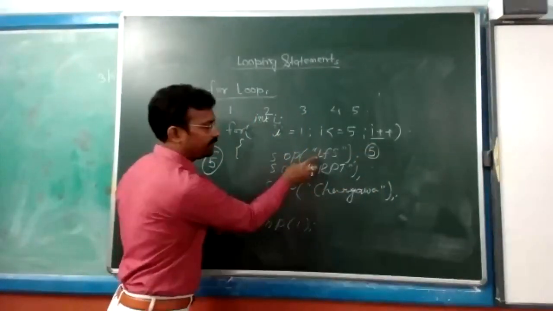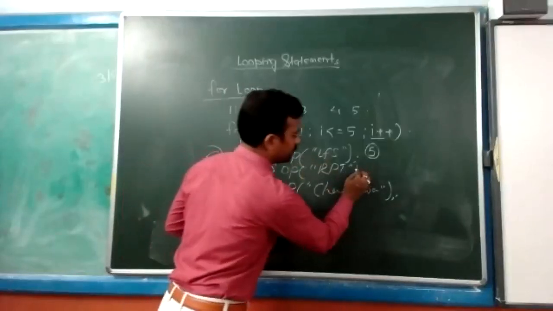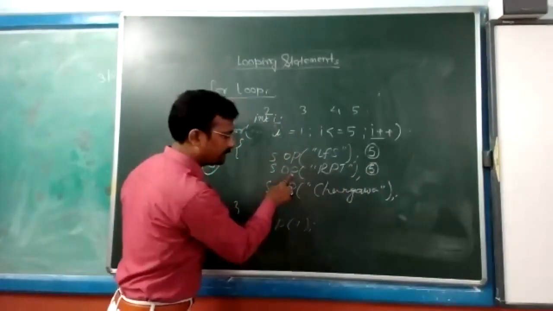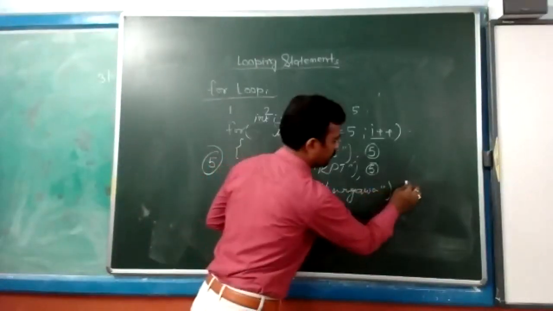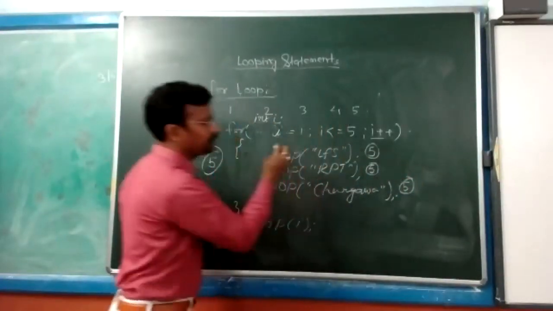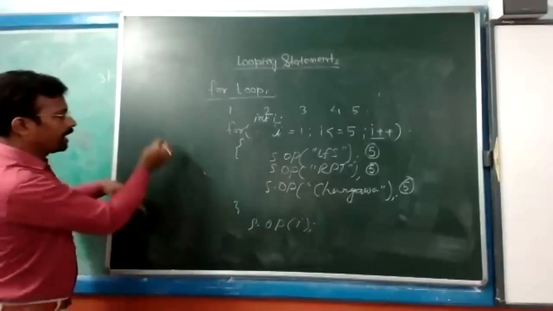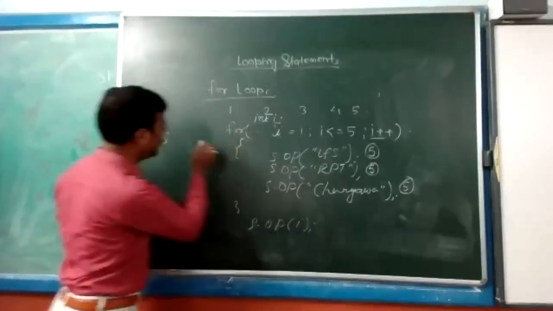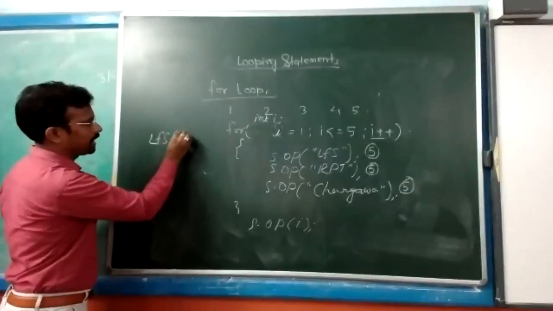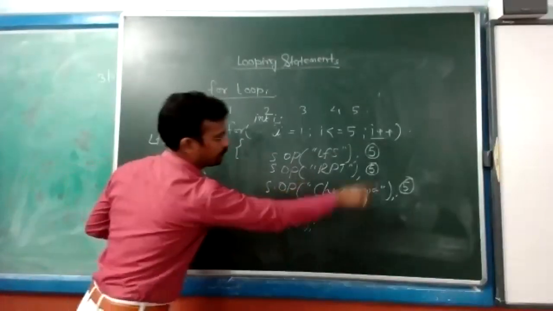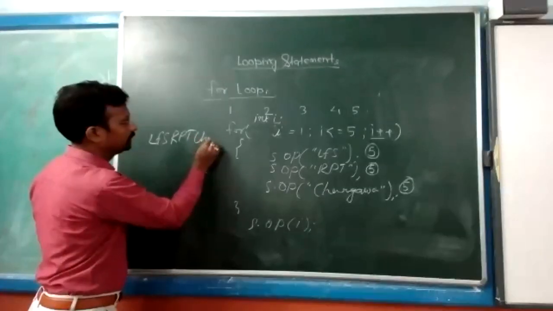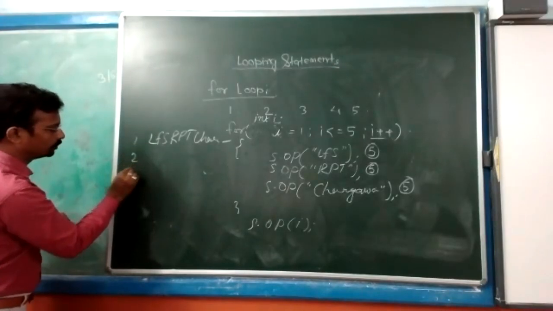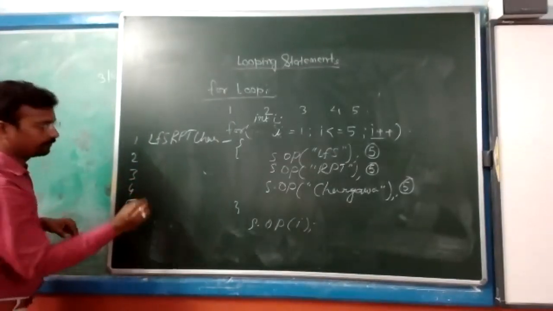Every time this executes, then this will also execute. So your result will be like that: LFS front top, I have not changed the line, just after that RPT, and just after that shutdown. And this will be printed total 1, 2, 3, 4, 5 times.